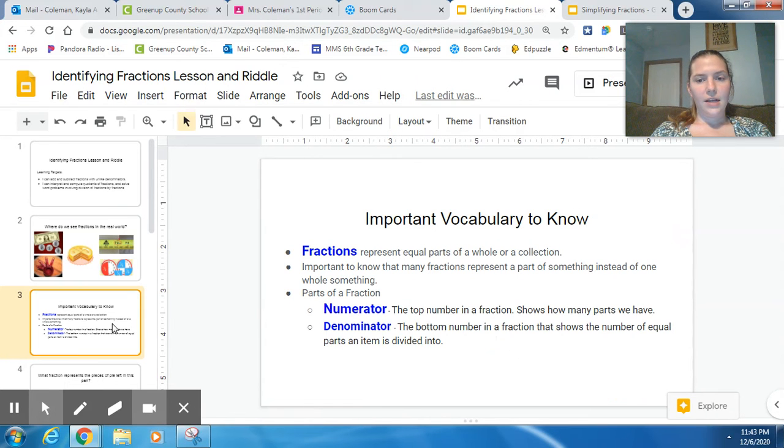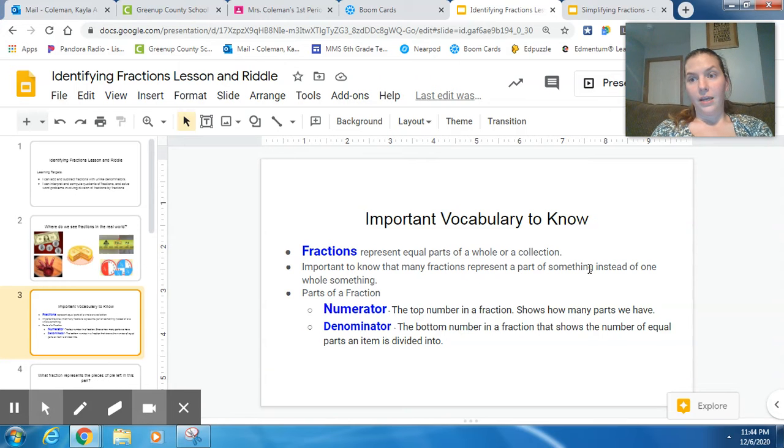Okay, this next slide is just over important vocabulary for you to know. The first one is fractions. They represent equal parts of a whole or a collection. And we'll see more examples of that as we continue the video. It's important to know that many fractions represent a part of something instead of one whole something.